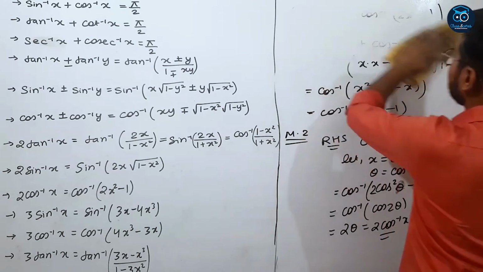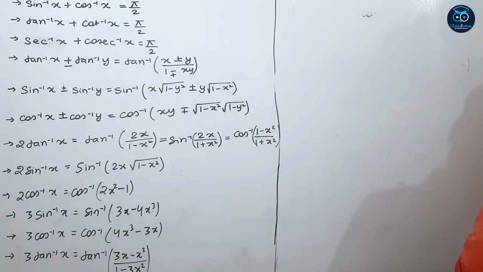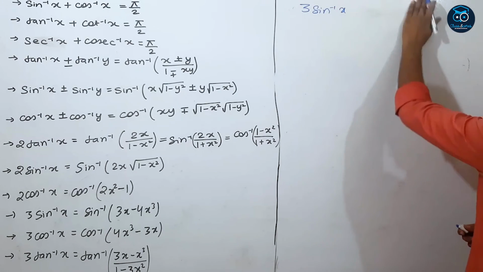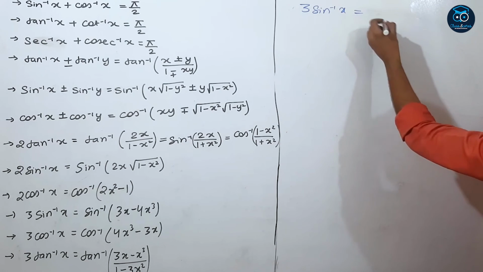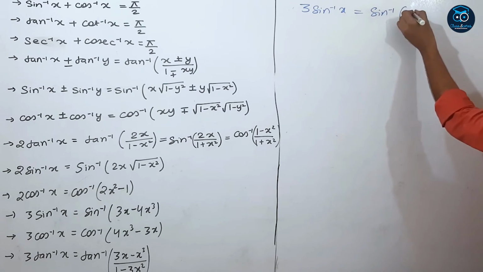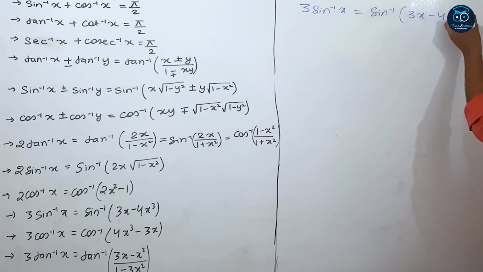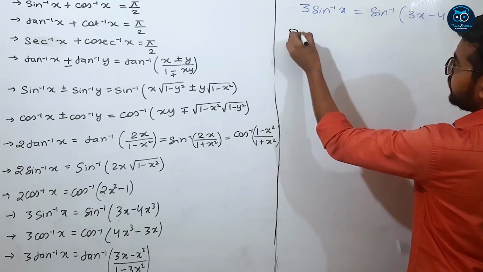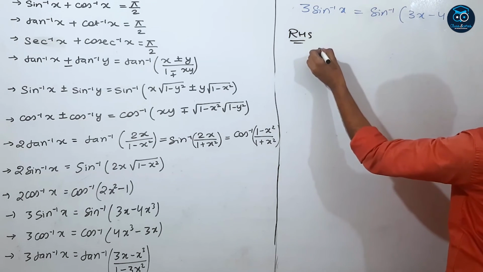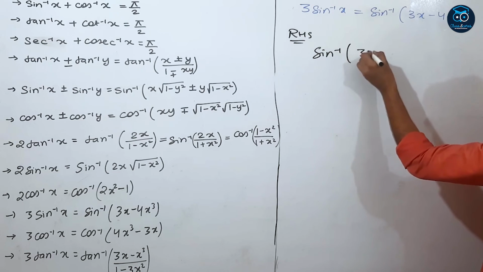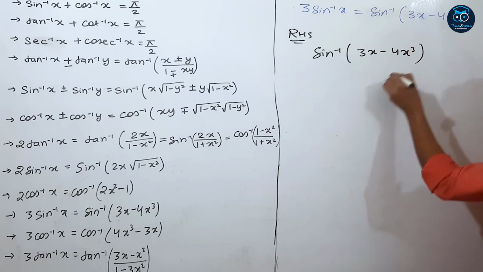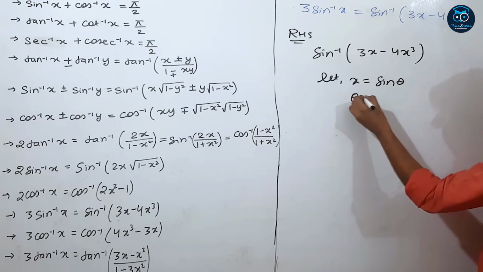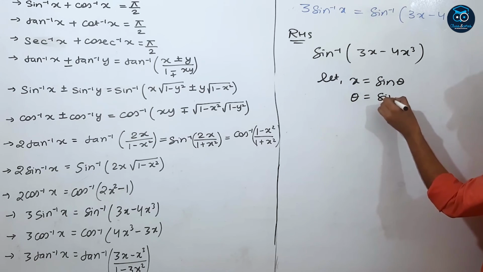Now moving towards the next, which is 3 sin inverse x equals sin inverse 3x minus 4x cube. Simply take the RHS part, that is sin inverse 3x minus 4x cube. Let the value of x equal sin theta and we get the value of theta equals sin inverse x.